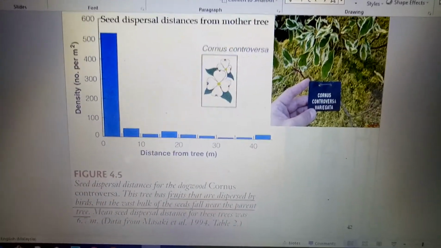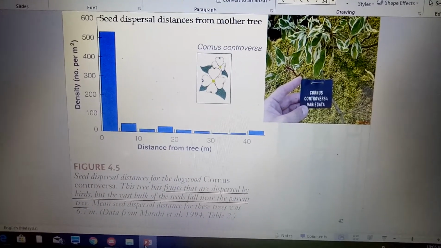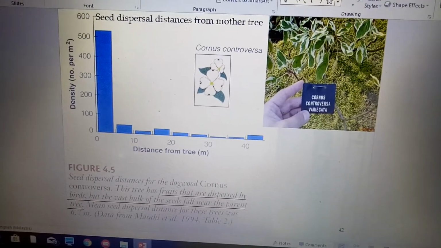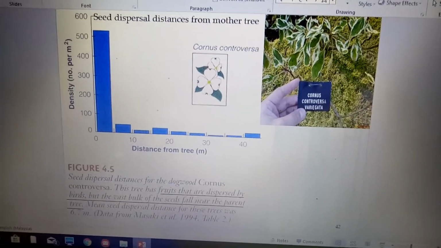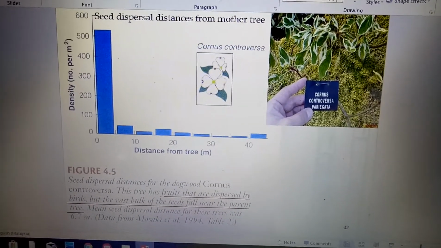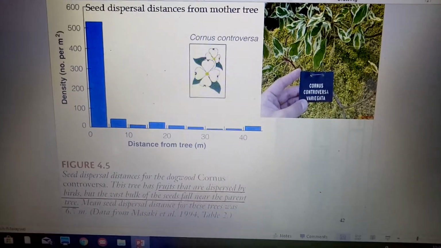So this is another example for seed dispersal, distance from the mother tree. If you look at here, it's very special. It's actually for a plant. Figure 4.5, seed dispersal distances from the dogwood, the type of plant.